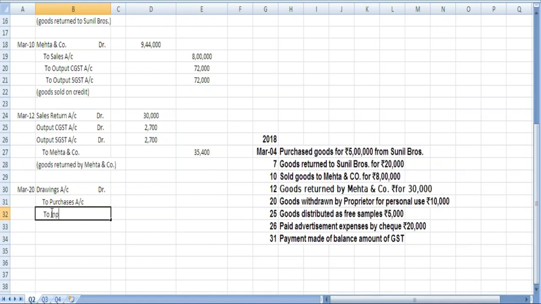and we will write to input CGST account, to input SGST account.